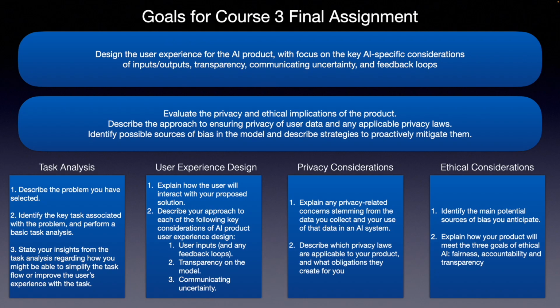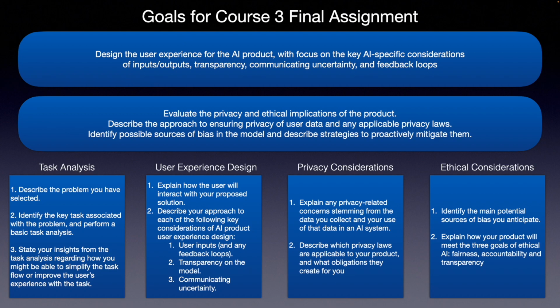So the goals for the Course 3 final assignment were to design the user experience aspects of the AI product, with focus on the key AI-specific considerations in terms of the user interface design, inputs and outputs, transparency, as well as AI privacy and ethics, communicating uncertainty, and feedback loops.